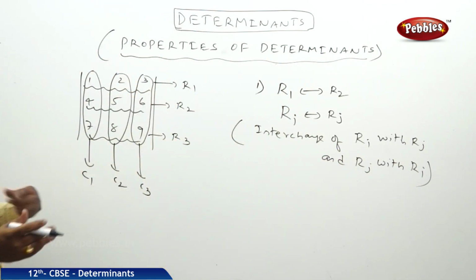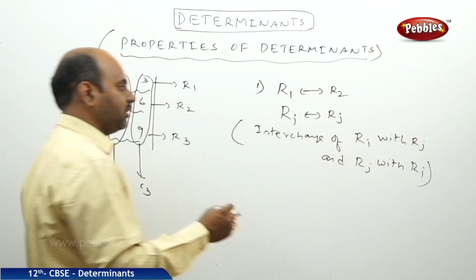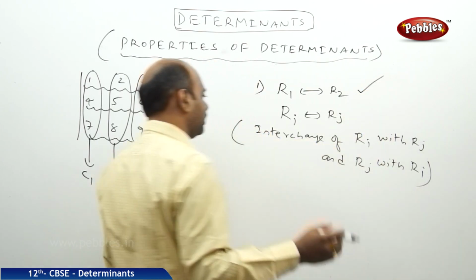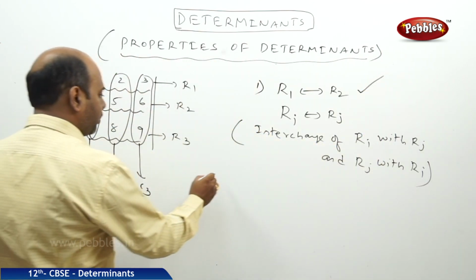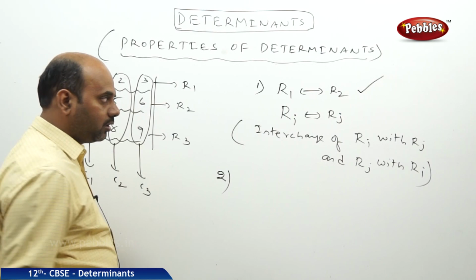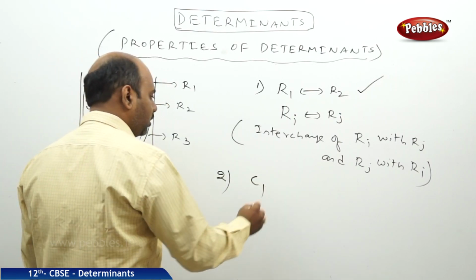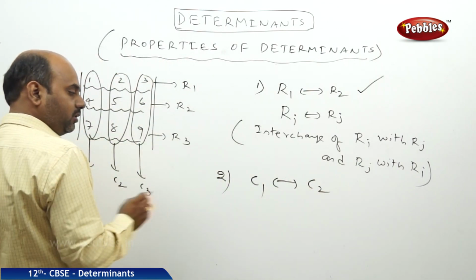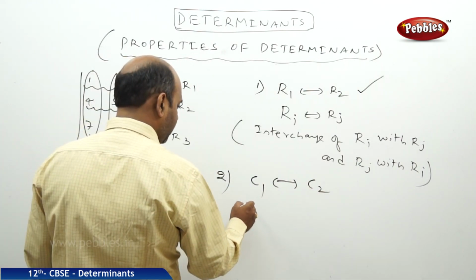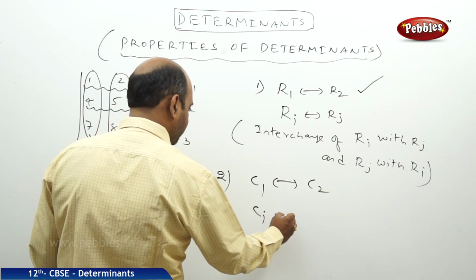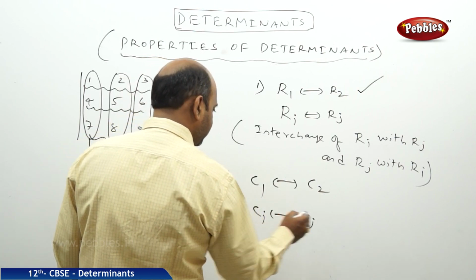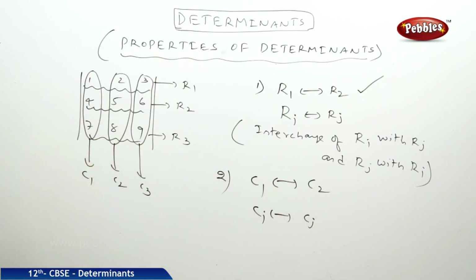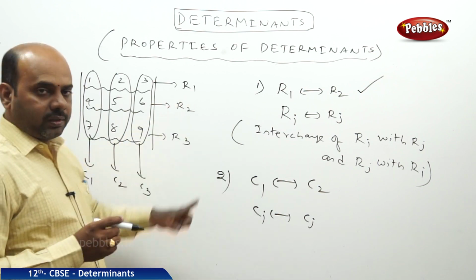For interchanging, we will be using this symbol. Similarly, we can interchange columns also. Column interchange is denoted by C1 double implies C2. In general, Ci double implies Cj, right? So these are the two symbols you should remember.